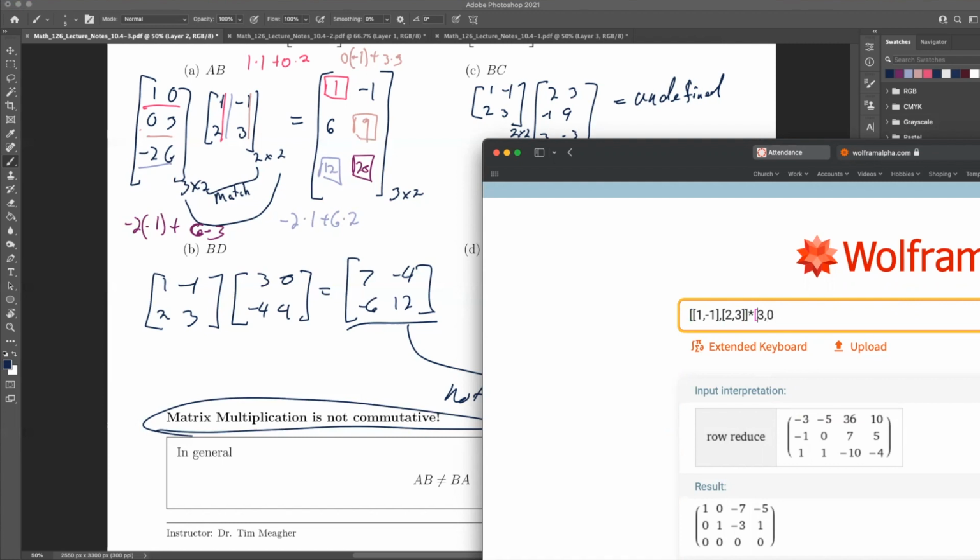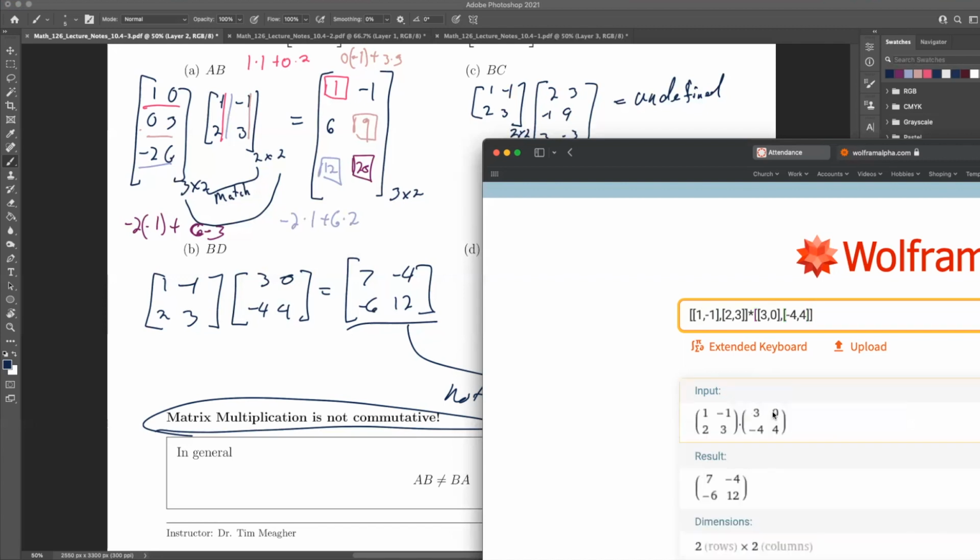So remember, double bracket, each one of the rows written with commas between them, and close the double brackets. Make sure that when you see this, here I get -1, -1, 2, 3, 3, 0, 0, 4.